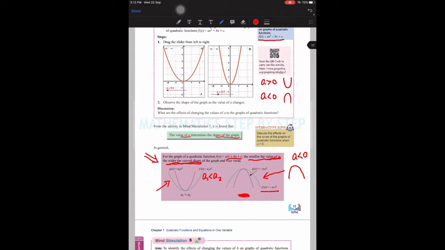So let us ignore the negative sign first, okay? The smaller the value of a, the wider the curved shape. So we know that a1 is less than a2, okay? Let us check and see whether it is correct. Okay, so this is correct also. So now I hope you already understand the effect of the value of a on determining the shape of the graph, okay?